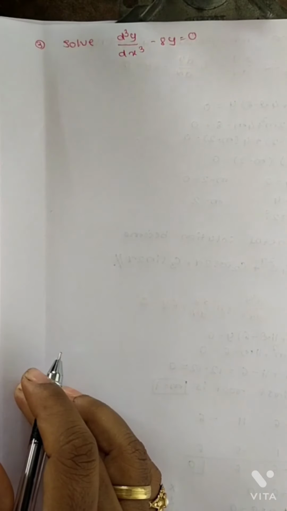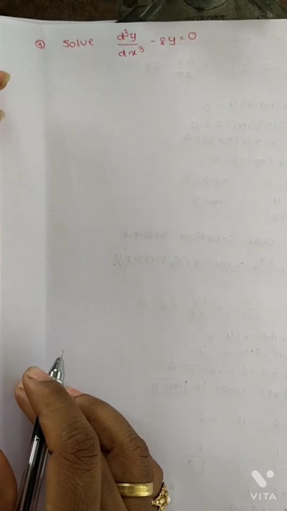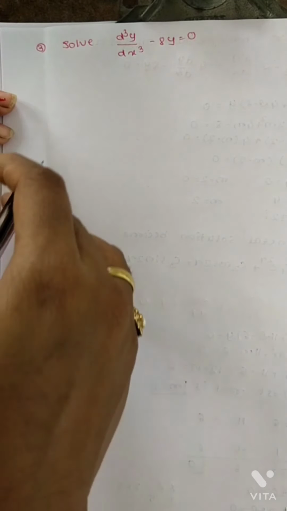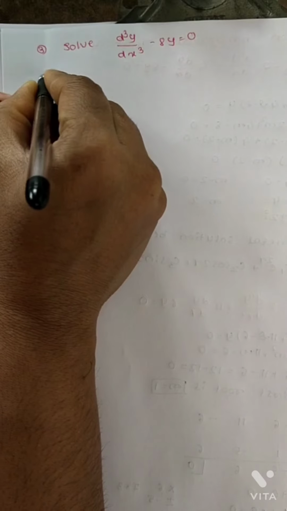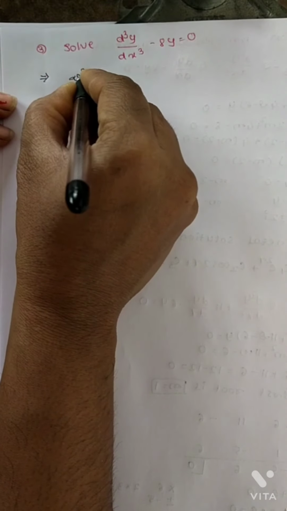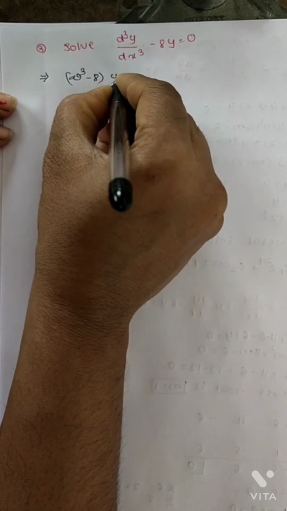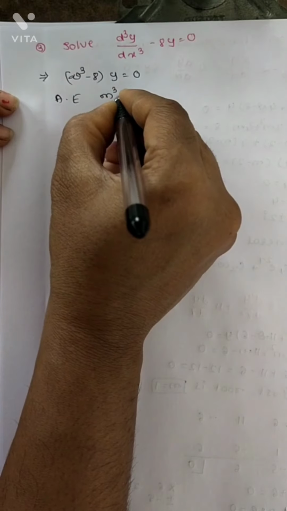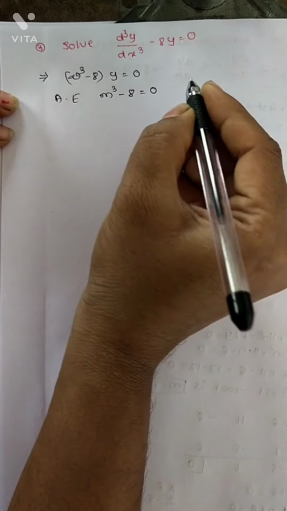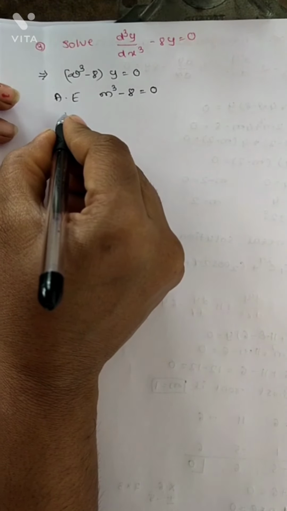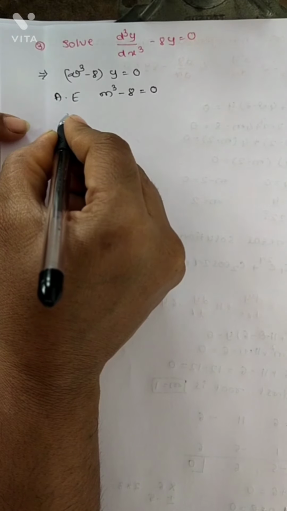The next example is: solve d cube y by dx cube minus 8y is equal to 0. This we write as D cube minus 8 y is equal to 0. Now we write the auxiliary equation, that is m cube minus 8 is equal to 0. Now apply the synthetic division method, or you can apply the formula.